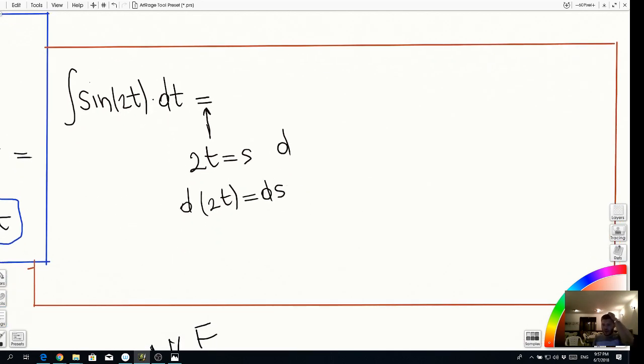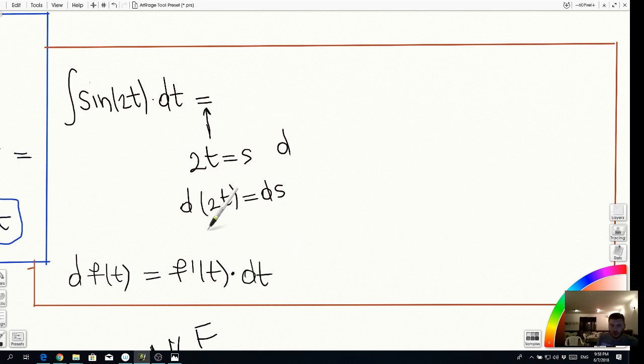Okay, let's remind ourselves for a minute that df of t is equal to derivative of f times dt.